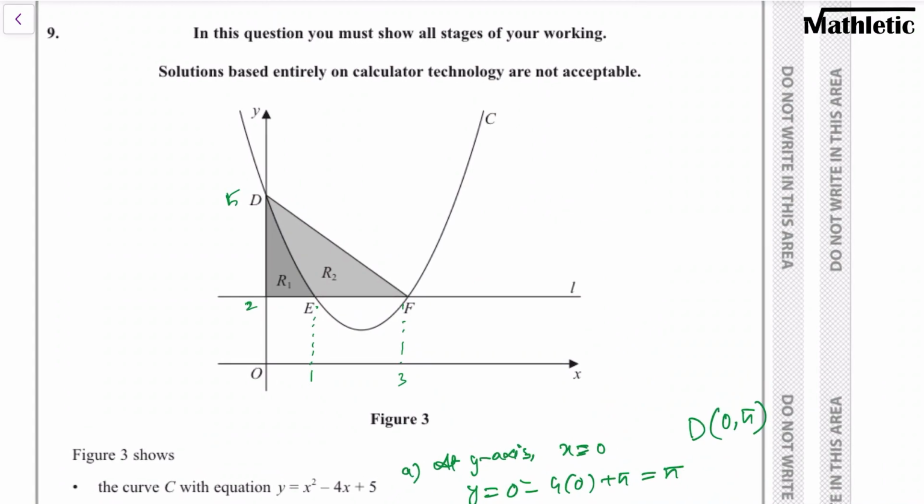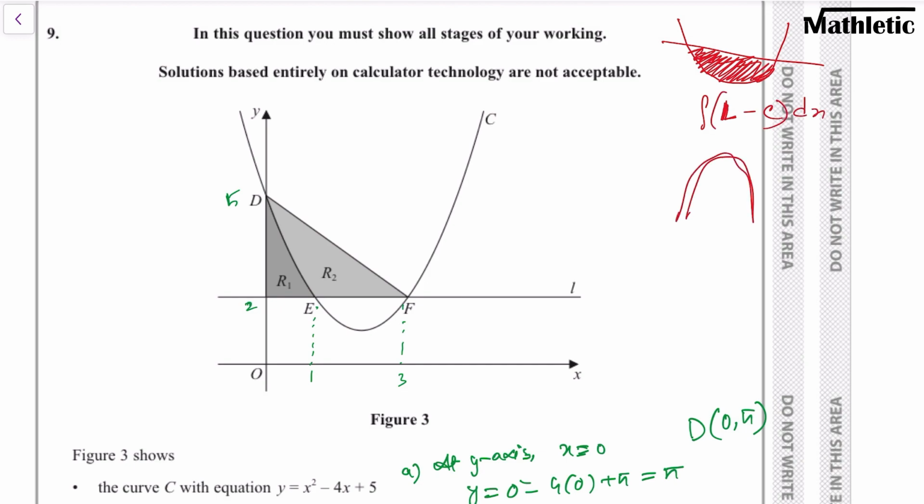For any curve and line, if you need to find the area bounded by the line and curve, you can just integrate the equation of line minus equation of curve. Similarly, if it's the opposite, the curve is above and the line is below, the area bounded by them can be calculated using the formula curve minus line.